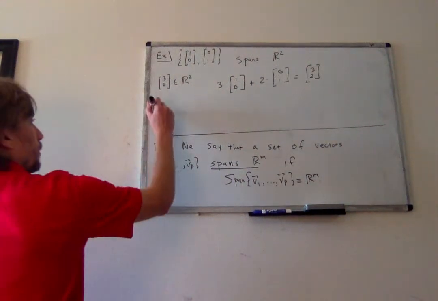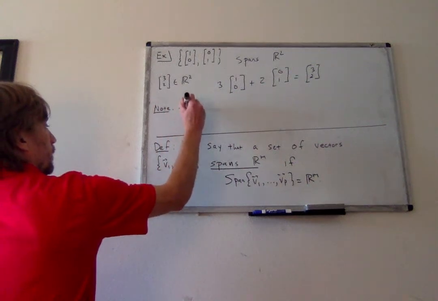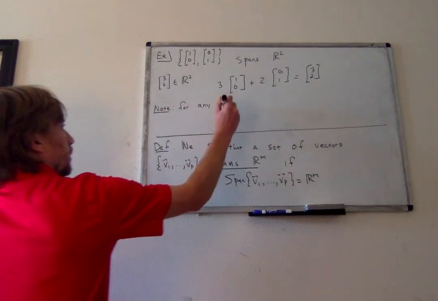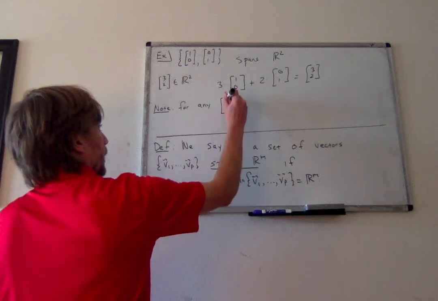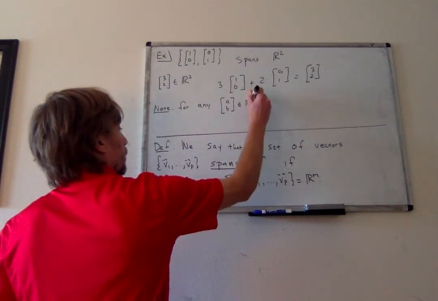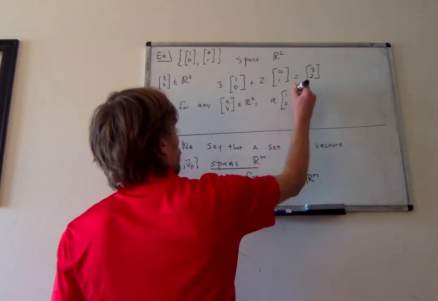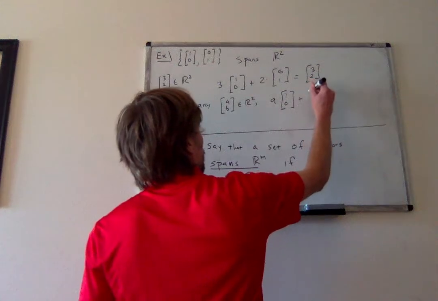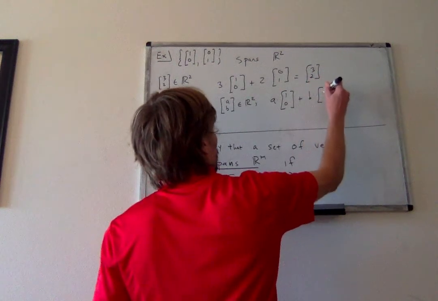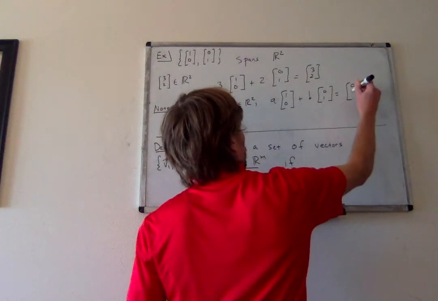And so note, for any vector (a, b) in R2, well, a times (1, 0) plus b times (0, 1) is equal to the vector (a, b).